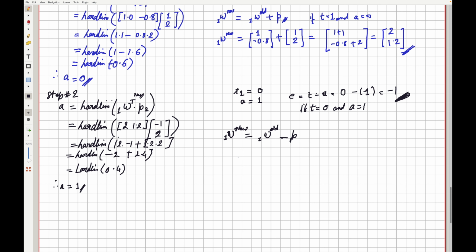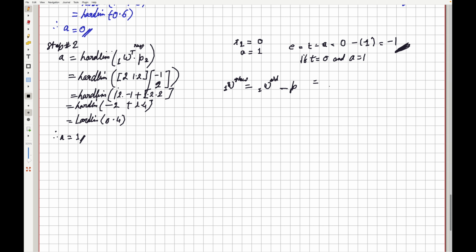This is the negative class. And so we plug in the values. The old W that we have is 2, 1.2, and the value for p is minus 1, 2, and since we need to subtract the value of p, we put a minus there.